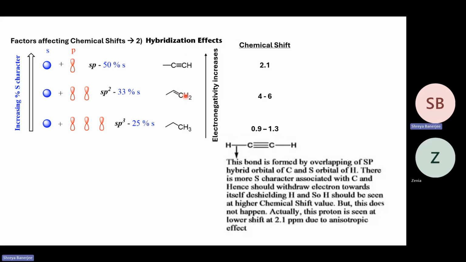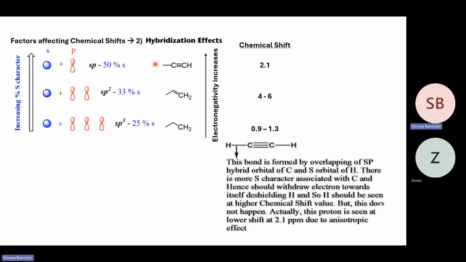However, when you look at sp2, sp2 has lower electronegativity. So chemical shift should be lower, but it is actually higher. So there is some anomalous effect that is occurring that we will discuss in the coming slides. But you can see clearly that compared to sp3, which has the least electronegativity, sp2 and sp are both more electronegative.